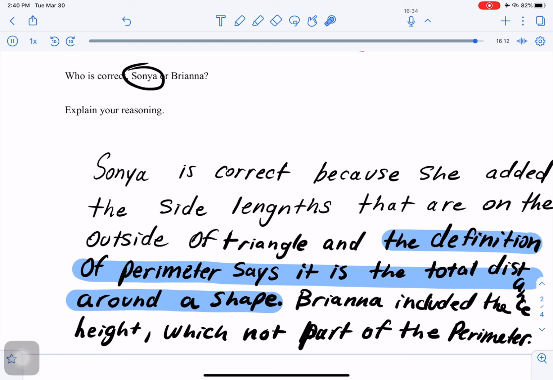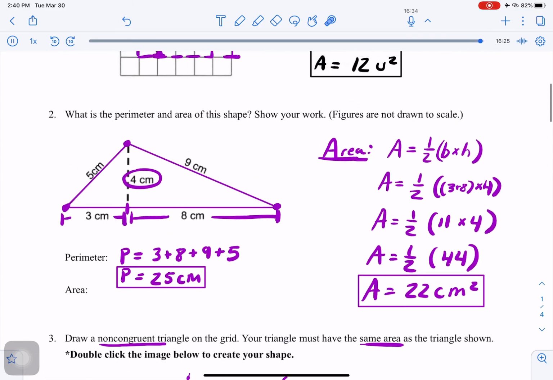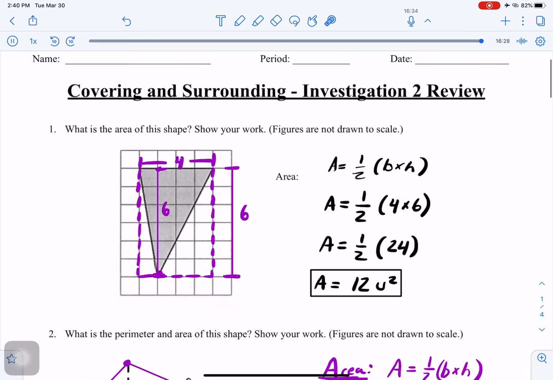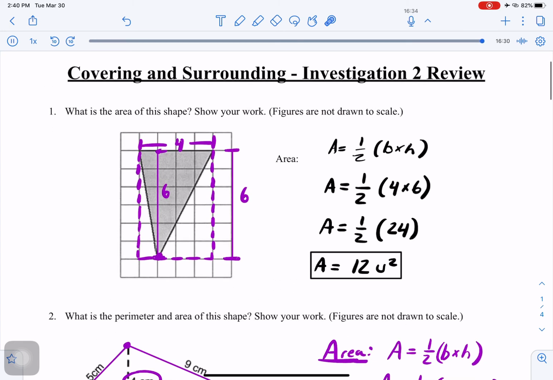So be sure to kind of keep that in mind. Remember the definition of both area and triangle, because you might see one, you might see another, and that's really it. So remember to review this video again or go back to any parts that you kind of felt unsure about, and good luck with the quiz.